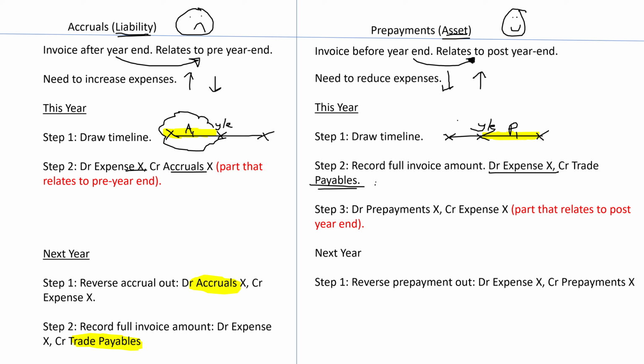So if I think about it, if I have 12k as my full amount, and this bit is 5k, our expected expense here is 7k. Right? So if I'm applying this principle here, I'm doing debit expense 12k, and I'm doing credit trade payable 12k.